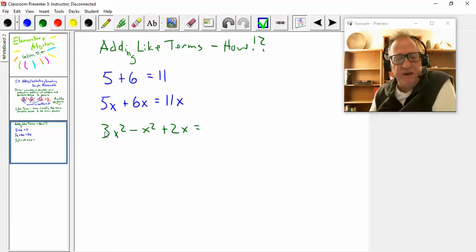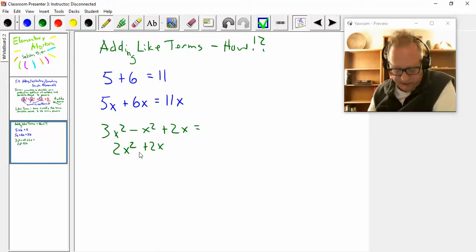It doesn't matter that this x squared term has a 3 and this x squared term has a 1 in front of it. No. That's going to define how they combine and how many we will have, but not the fact that they can be combined. So we can add these. We've got 3 apples minus 1 apple. That leaves me with 2 apples, or 2x squared plus 2x. Very good. How about another?